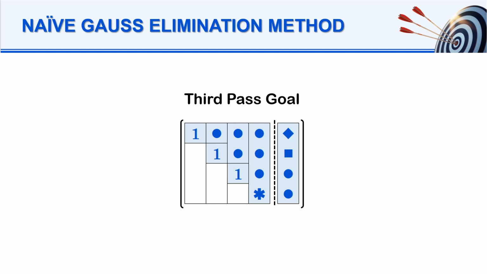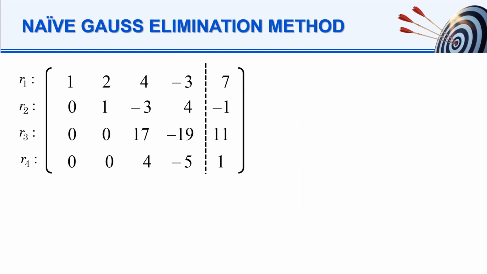The goal of the third pass is to scale the third row to create 1 as the pivot and eliminate the element below it. Normally, the naive Gauss elimination algorithm requires normalizing the third row by multiplying it with 1/17. However, to avoid dealing with rational numbers, we will add minus 4 times row 4 to row 3 to create the pivot as 1.